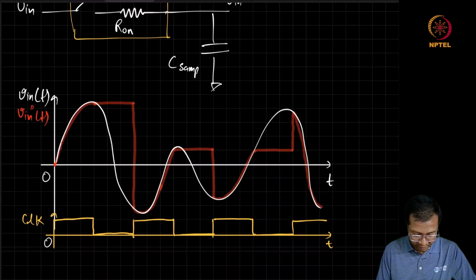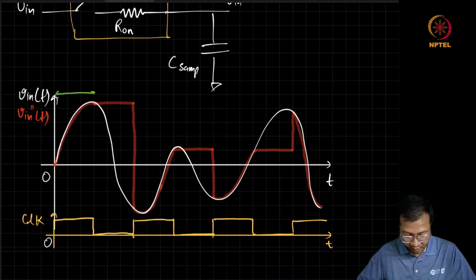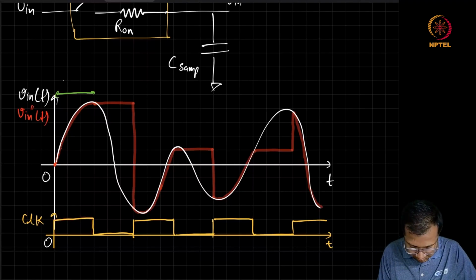So this tracking phase, as per our diagram, is during the positive half of the clock. So called as tracking.